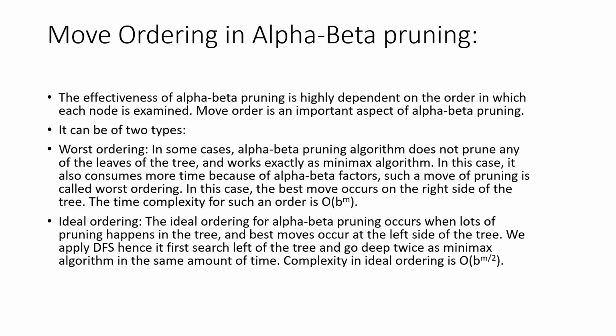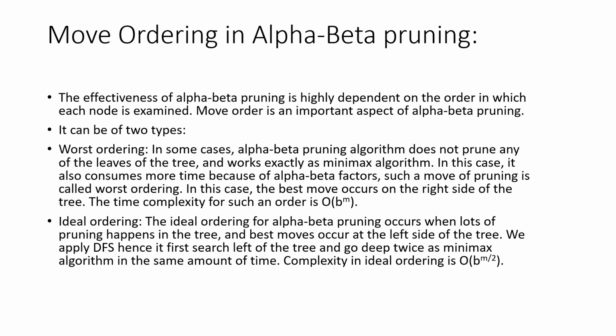The worst ordering means the best move is examined last. So alpha and beta update very slowly, and no pruning happens there. So the algorithm behaves like a normal min-max algorithm, where the time complexity will be big O of b to the power m. Alpha beta does extra work but gets no benefit actually.